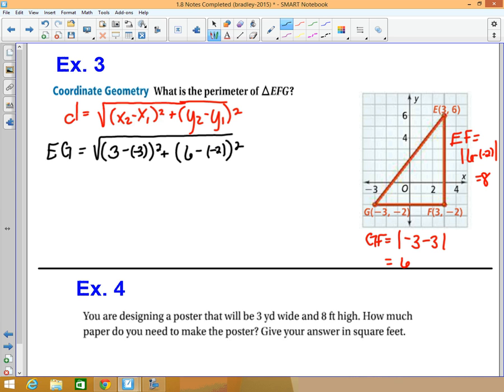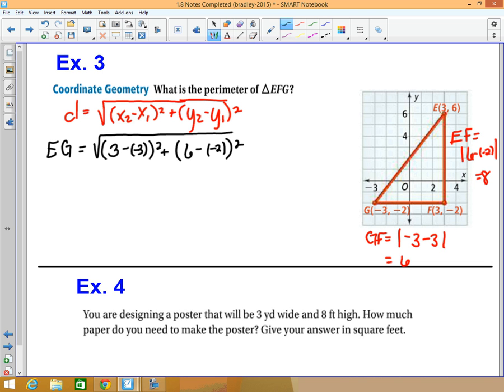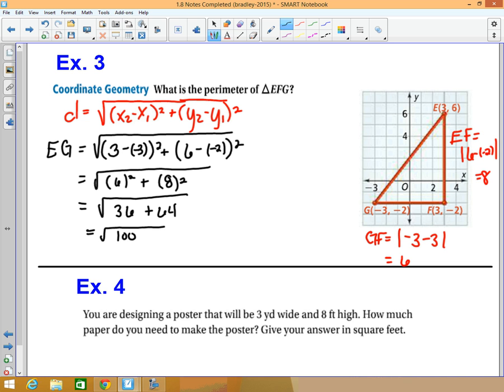So moving down, -3 minus 3, that's going to give me 6 squared, and this is going to give me 8 squared, and that is 36 plus 64, and that gives me 100, which gives me 10.